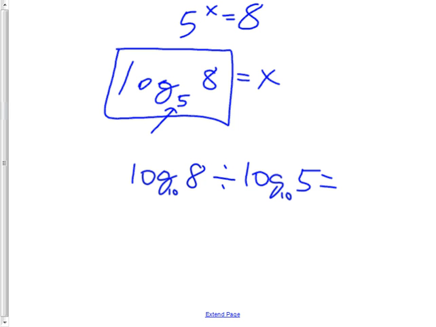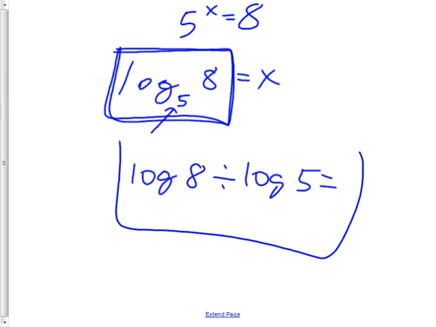So if you're going to type this in the calculator, you just say log 8, and every log has a base. It's just a matter of if you don't type the base, it's assuming you mean base 10. So this was a base 5 problem, and I changed it into a couple base 10s. And that way I can do it on the calculator. All right, everybody grab your calculator, type in log 8, divide by log 5. You'll have done a change of base question.